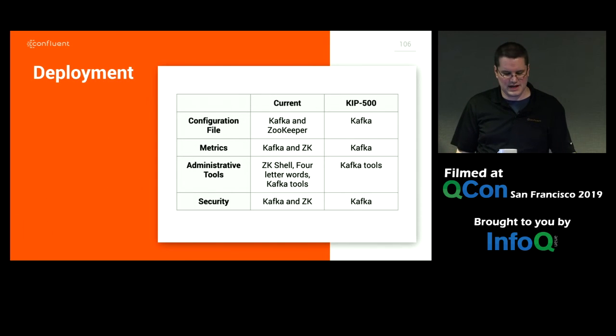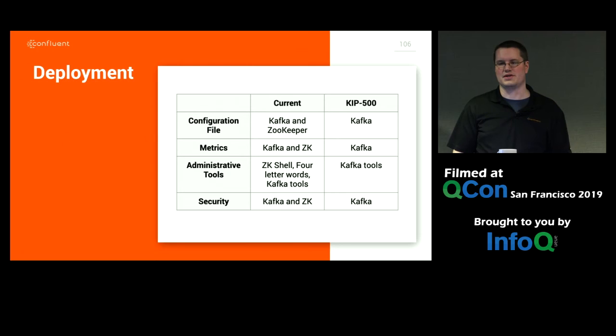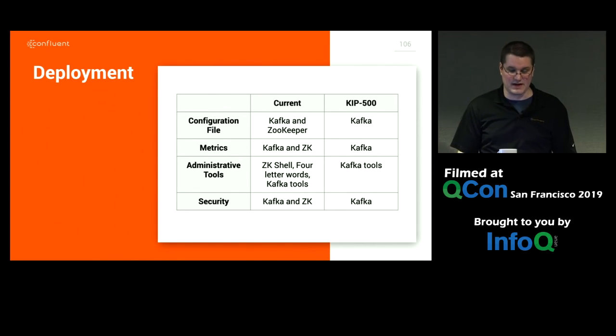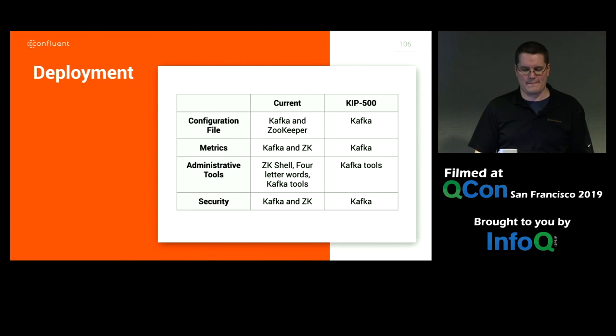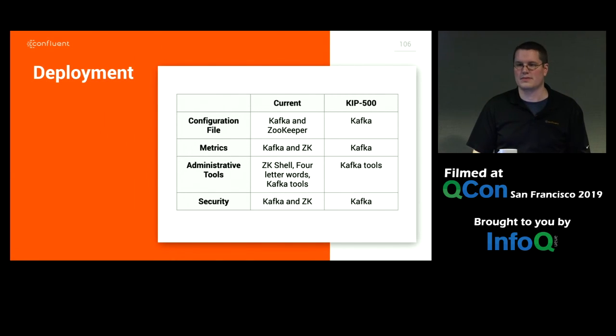And finally, and perhaps even worst of all, it's another set of security configurations that you have to master to really secure your system. And it's kind of alarming how many people are running without Zookeeper security right now. So definitely, getting everything under the same security umbrella is really going to help.